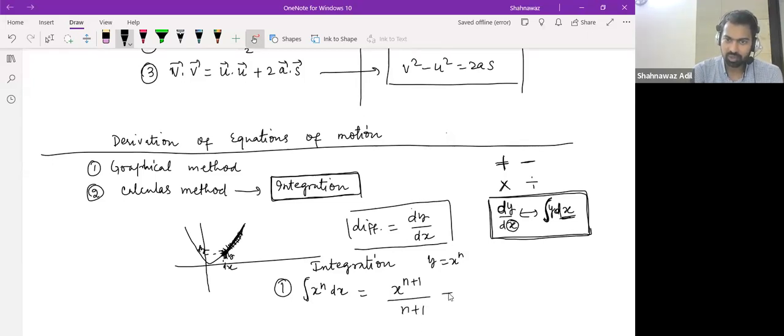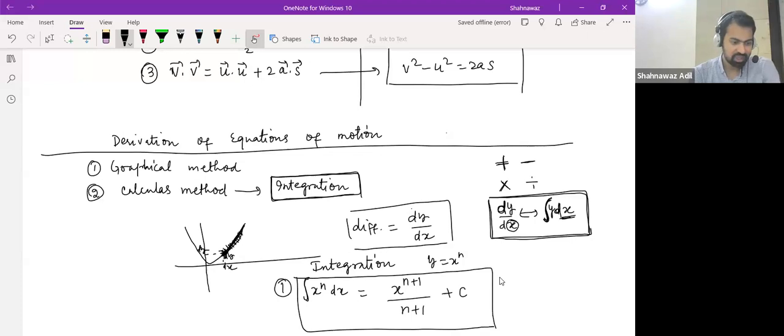And there is some constant, but let us ignore this constant. So this is the integration of the algebraic one, and for the time being, we will only use this part, right?